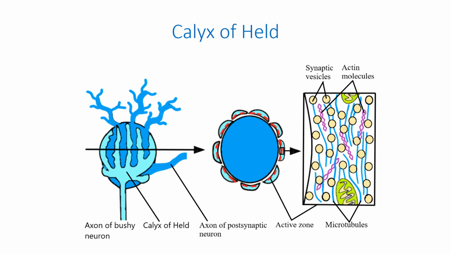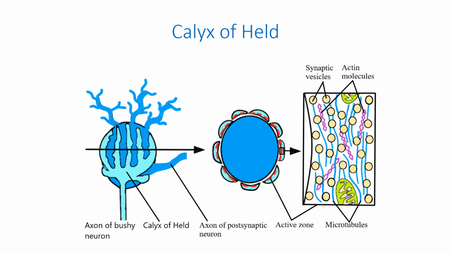Every calyx has several hundred active zones, and each active zone has about 100 glutamate-containing vesicles with several docked vesicles at a time. The calyces are characterized by the presence of many microtubules, providing stability of the synapse, regulating the distribution of the synaptic vesicles, and co-localization of the mitochondria.